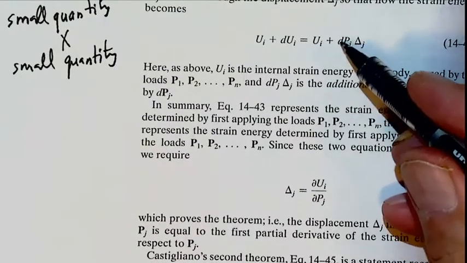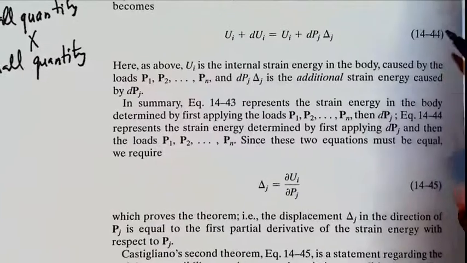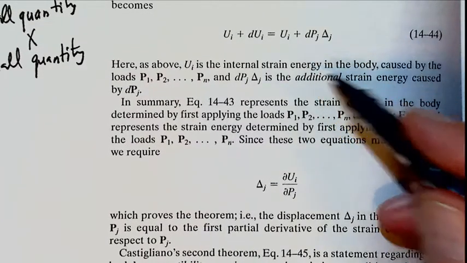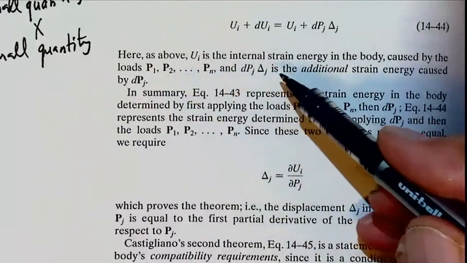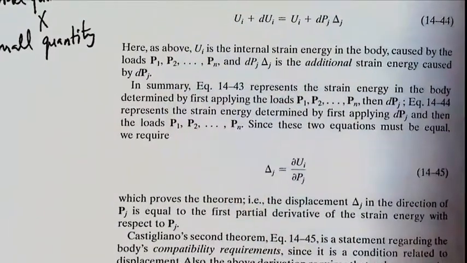Paying attention, there is no 1/2 because these loads were applied already. Here, as above, U_i is the internal strain energy in the body caused by loads P1, P2, Pn, and dPj delta j is an additional strain energy caused by dPj.